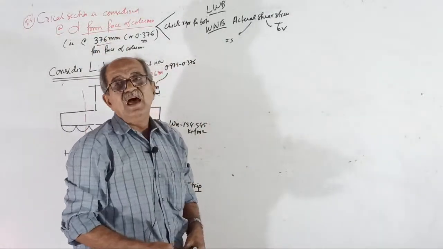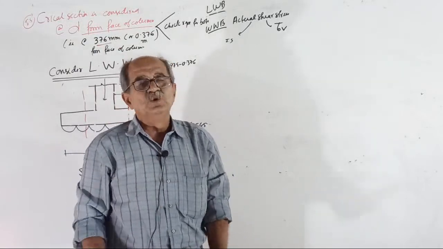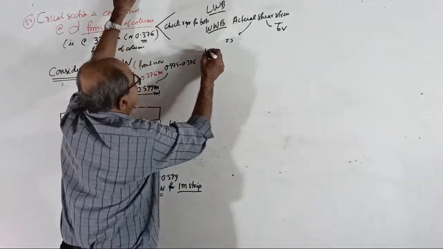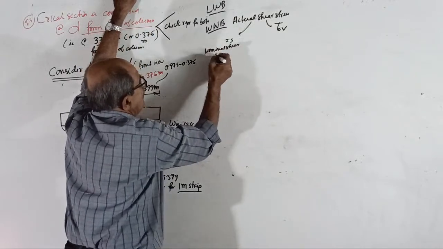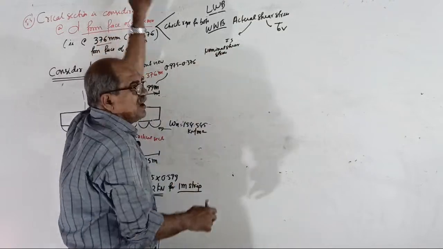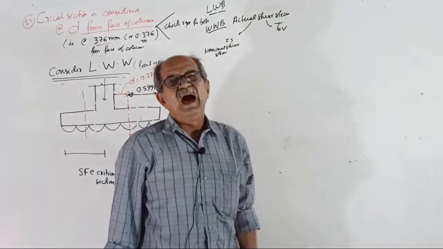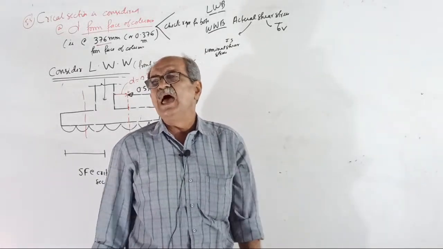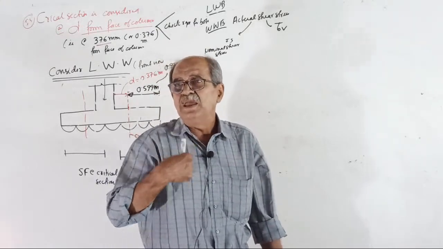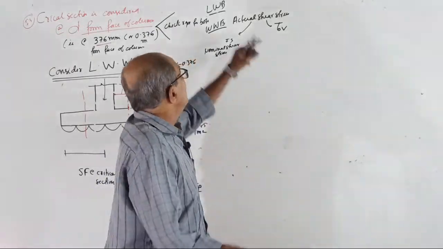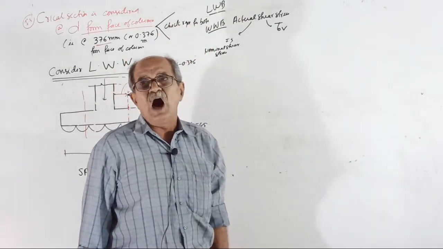I told earlier, IS code should not have used that word. When you say nominal, what comes to mind? Namesake. You tell it's the average shear stress. Don't use the word nominal.